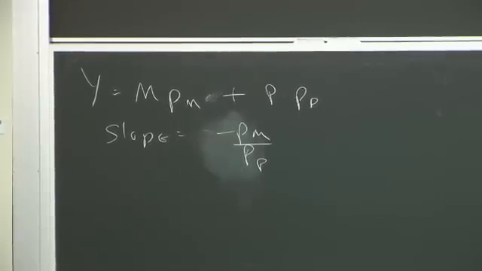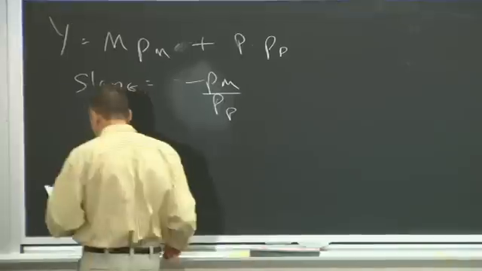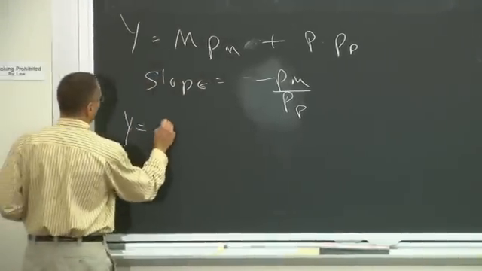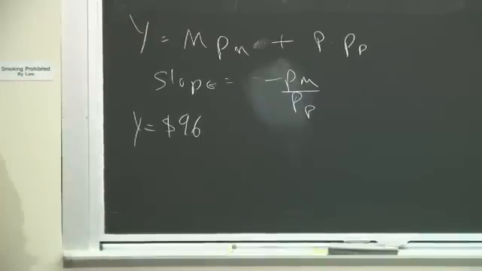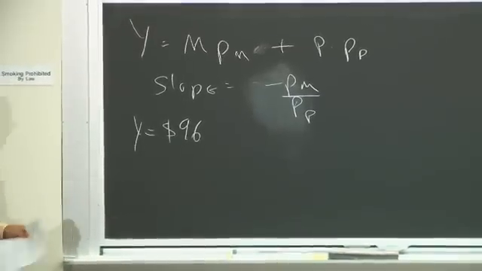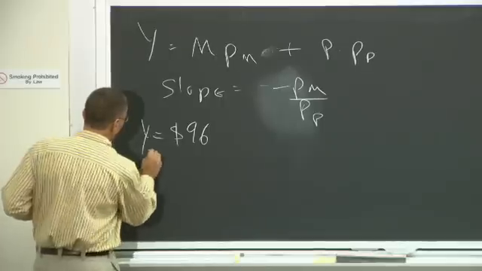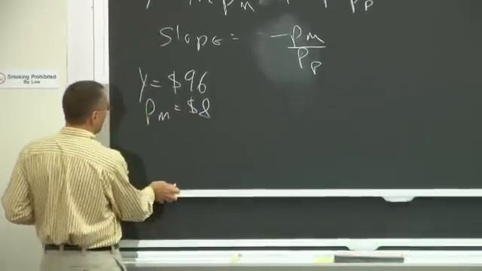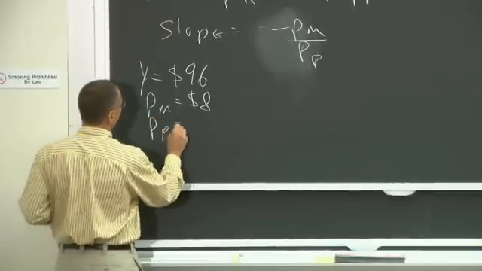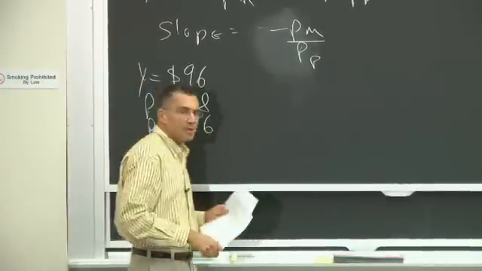So let's just do a simple example. Imagine that income equals $96. Imagine your parents give you $96, say a month or a semester. Okay? Imagine that the price of movies is $8. Okay? And imagine the price of a pizza is $16. Okay, it's a good pizza.